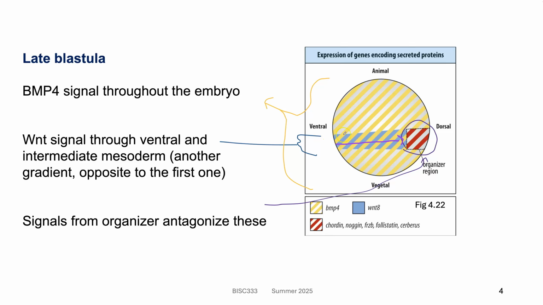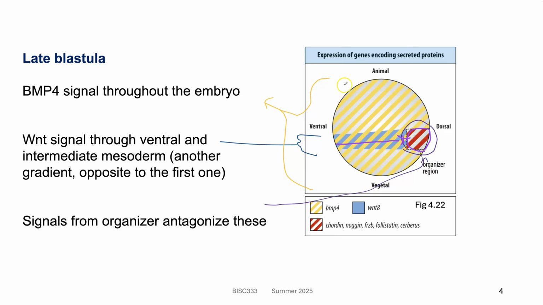Now we have it expressed in a band across the mesoderm, but the organizer, the region that is about to become the organizer, is a source of inhibitory signals. So it's going to be inhibiting Wnt.